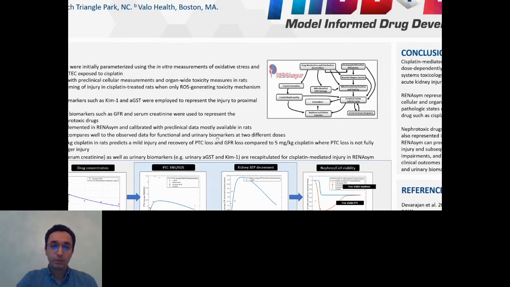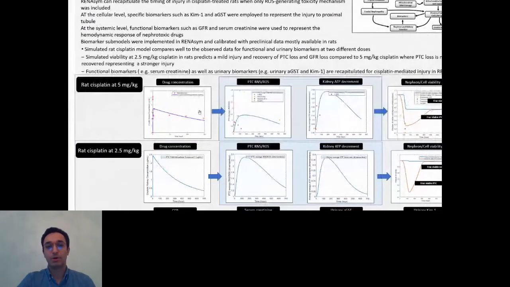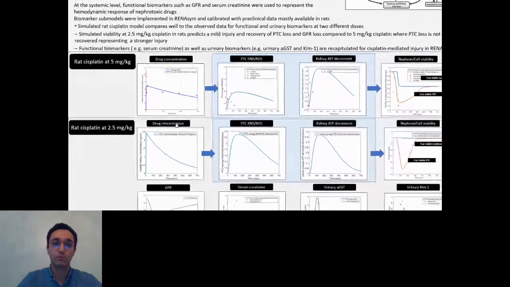But if I go to the results section, here we are looking at a rat cisplatin model at two different doses, because it is hard to find all the information at one dose, and we also want to test the model at multiple dosing.